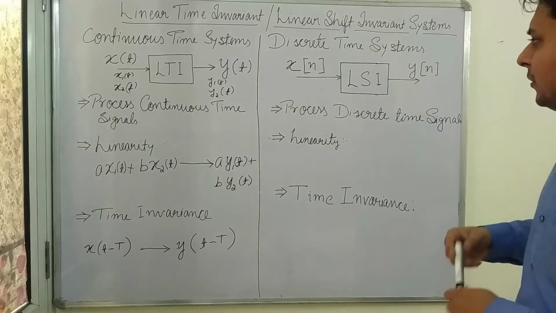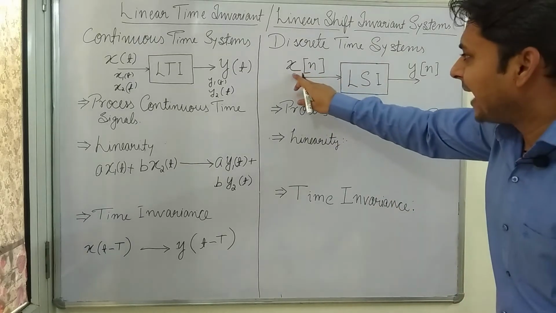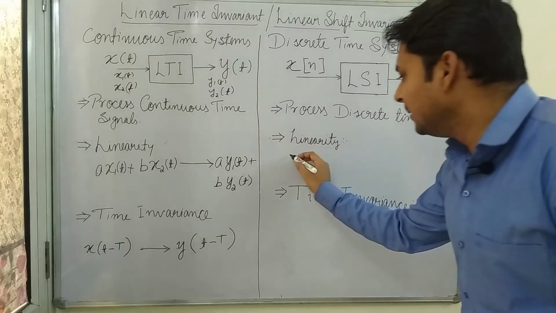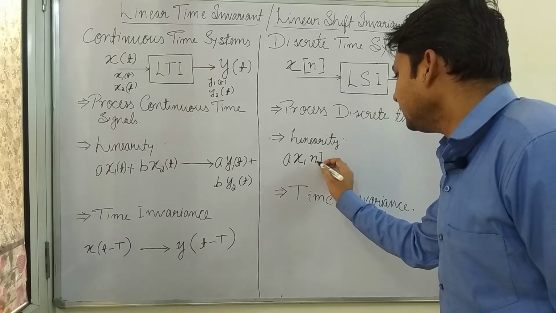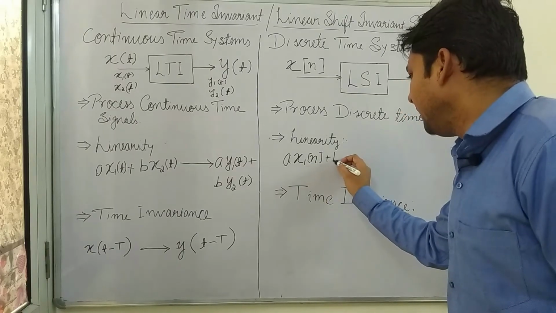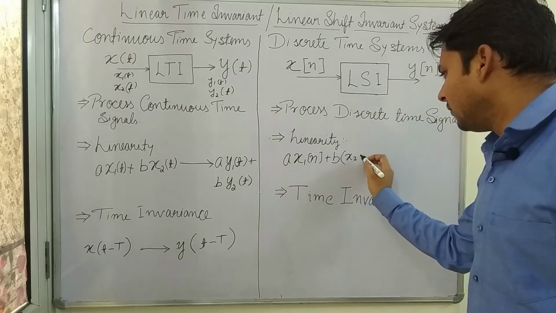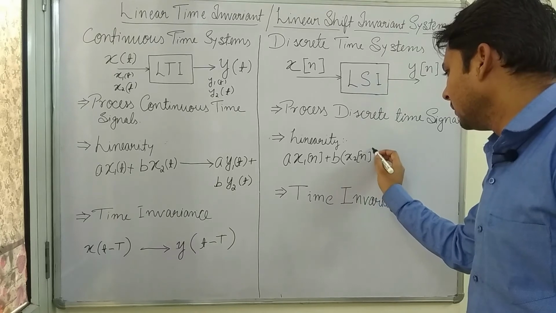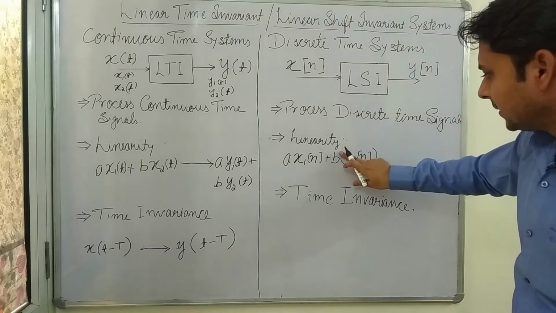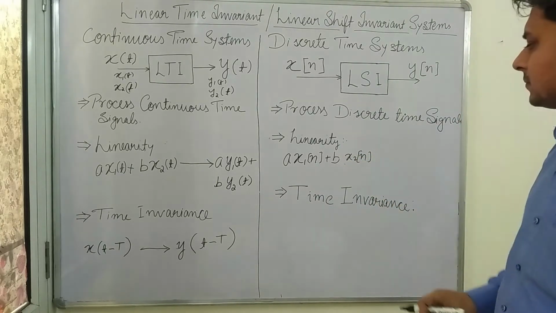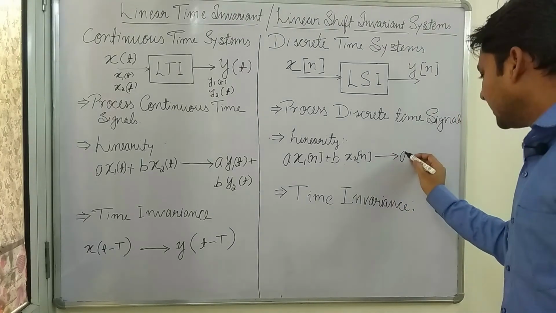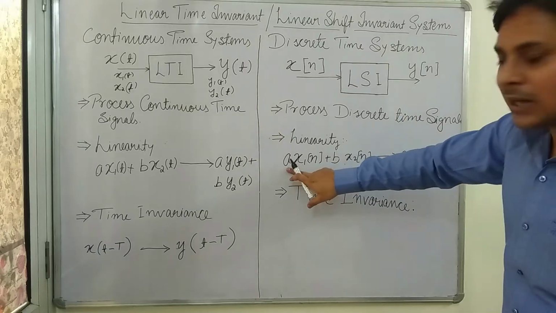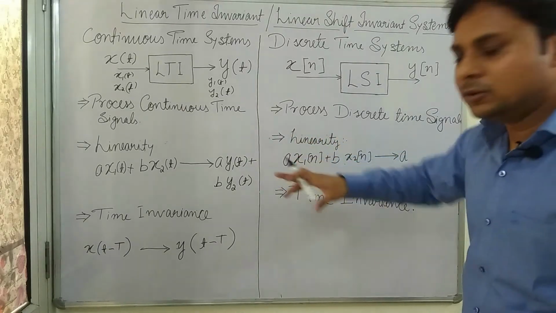Let me give an example. If in place of x[n] I put an input like a x1[n] plus b x2[n], then the constant values simply come out.